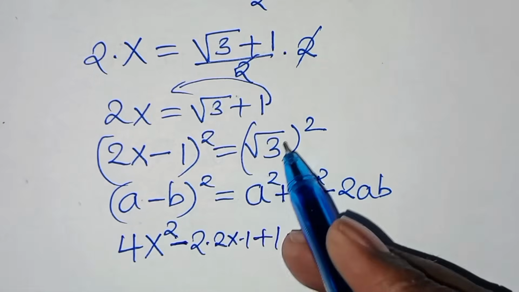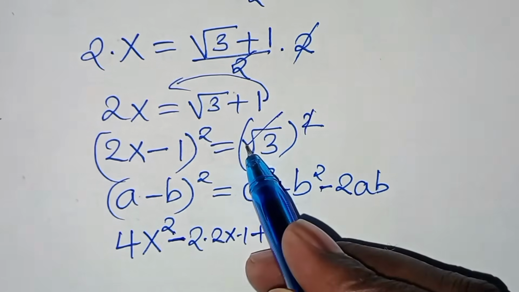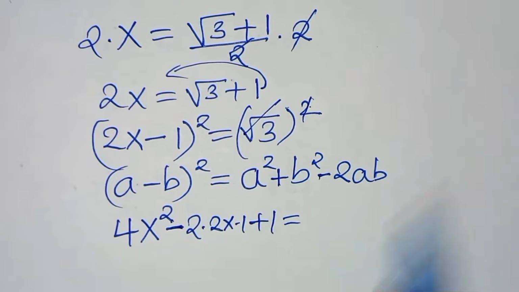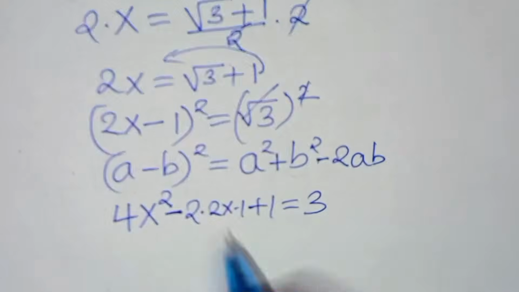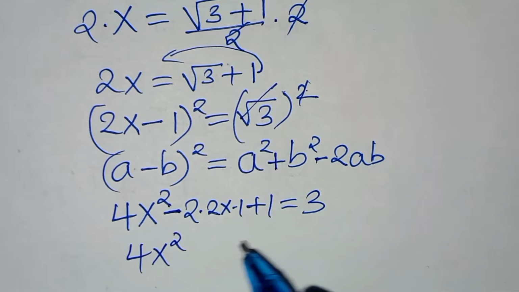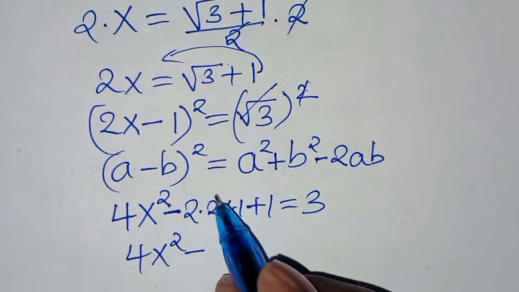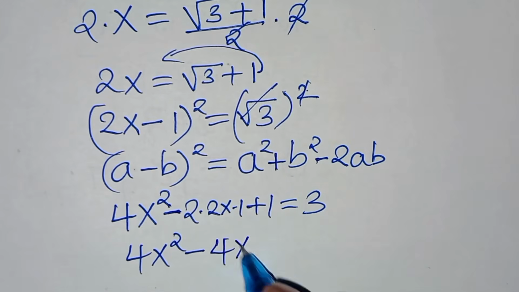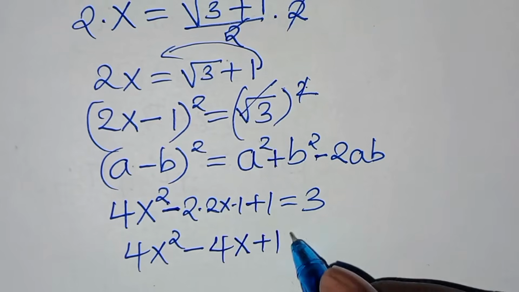This is equal to square root of 3 squared. This essentially means we eliminate the square root sign, so this is equal to 3. So here we have 4x squared, subtract 2x times 2, this is 4x, subtract 4x plus 1, this is equal to 3.